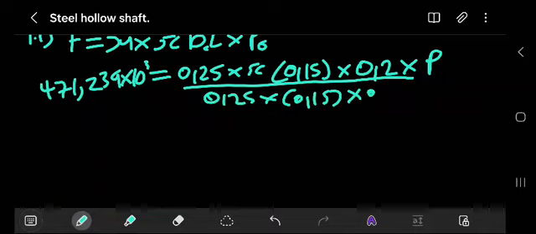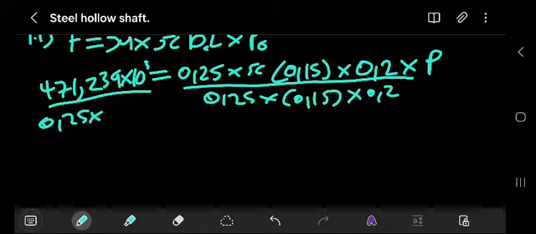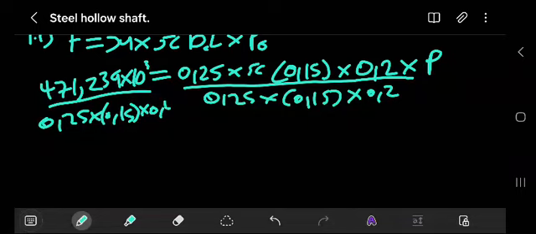You know the maths, that will cancel. You're supposed to get that the pressure is equal to 20 megapascal.